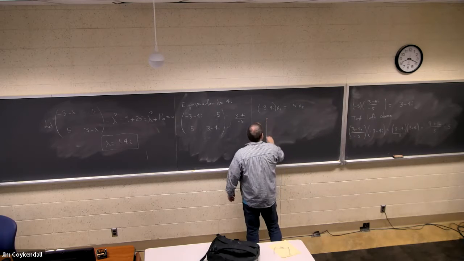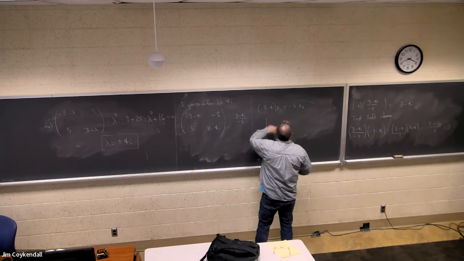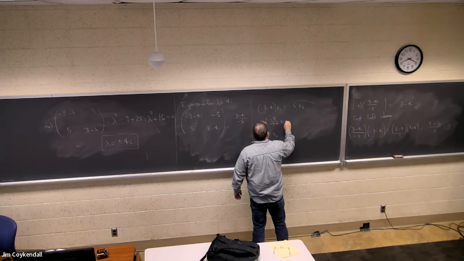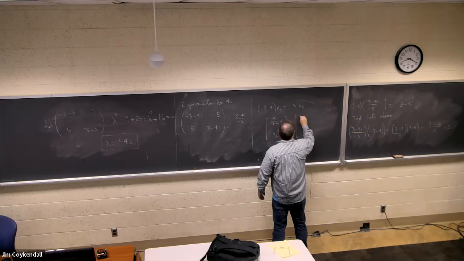My eigenvector should look like this. And x1 is minus 5 over minus 3 minus 4i, which is 5 over 3 plus 4i, times x2, which is 1.